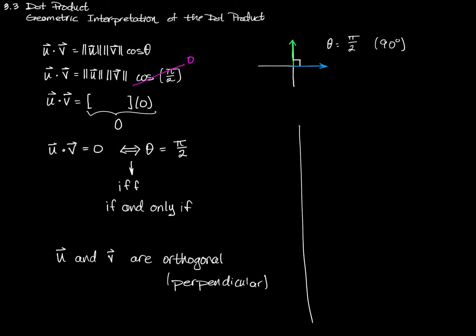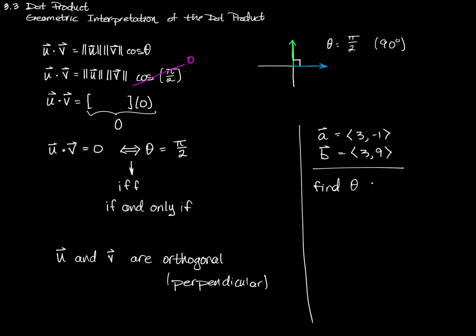Let's take two vectors, maybe some different letters here. A equals 3, -1, and B equals 3, 9. All right, let's say I ask you to find theta.